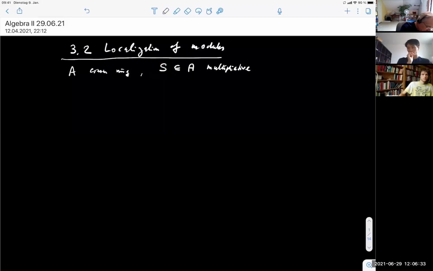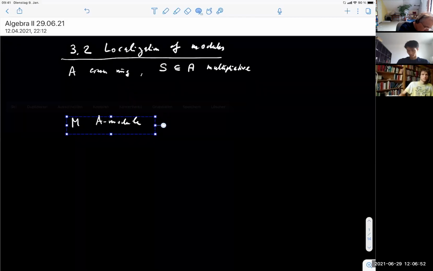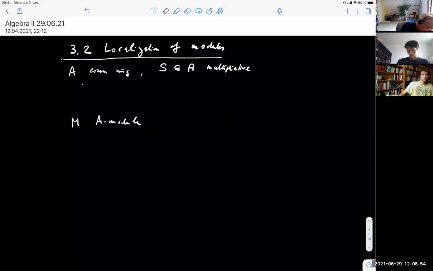Now I have an A-module M. And the goal is to construct another module, maybe let's go on slowly. So construct the localization.